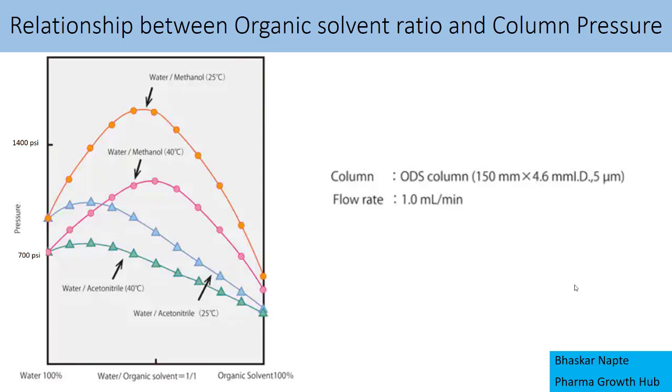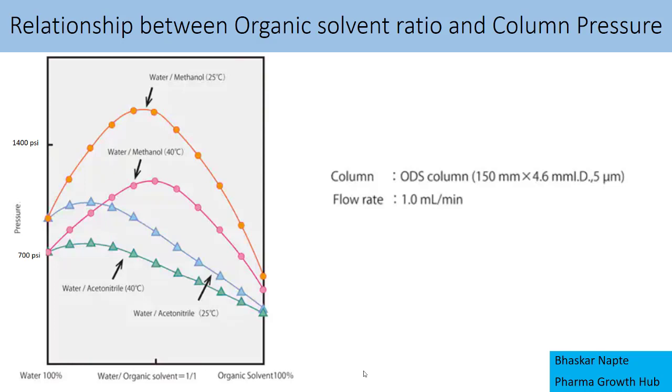Here, I have compared the back pressure of ACN with water as a mixture. Similarly, methanol with water as a mixture. If you look at the diagram on the screen, you will find that there is a water organic solvent 1:1 mixture across the x-axis, and the pressure is measured across the y-axis in the unit of psi.